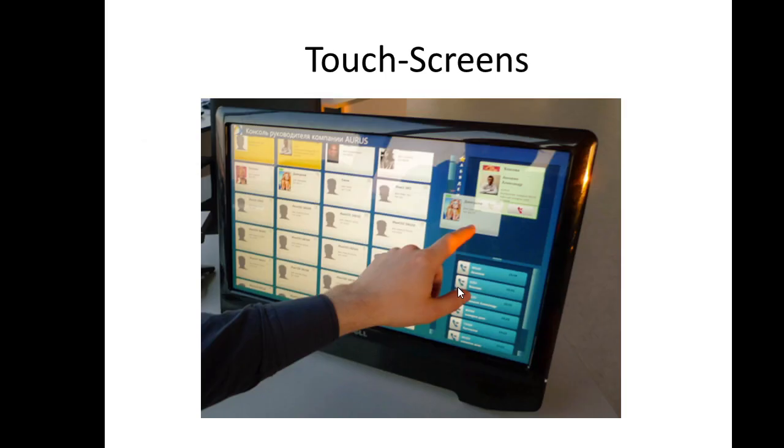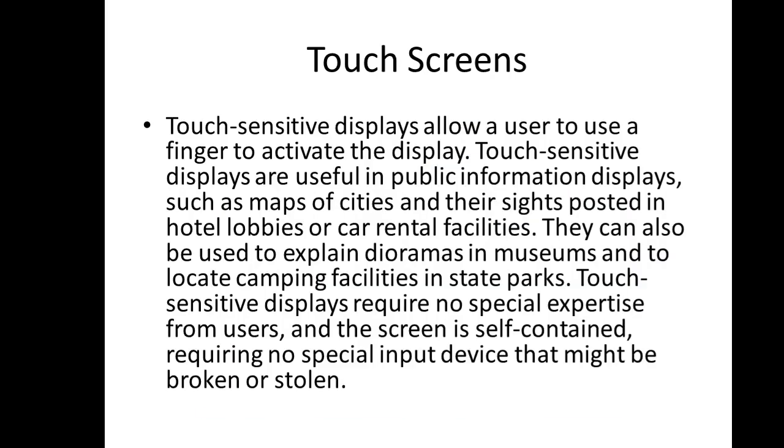And then these are now touch screens. So this is our other interfaces. So we have the touch screen user interface. Touch screens, or touch-sensitive displays, allow a user to use a finger to activate the display. Touch-sensitive displays are useful in public information displays such as maps of cities and their sites posted in hotel lobbies or car rental facilities.